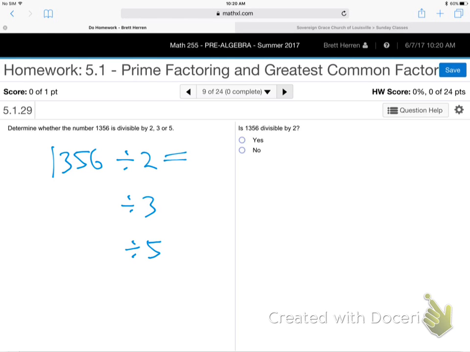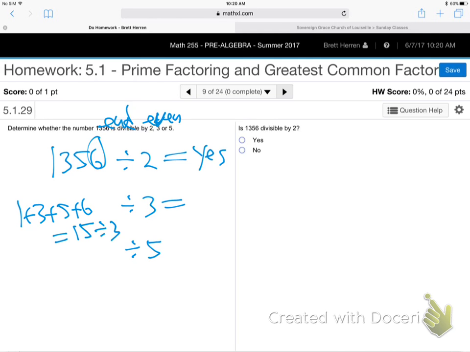All right. Divisible by 2? Yes. It ends even. So that one's a yes. How about 3? Yeah, you add them up. 1 plus 3 plus 5 plus 6, 11, 12, 15. Is that divisible by 3?